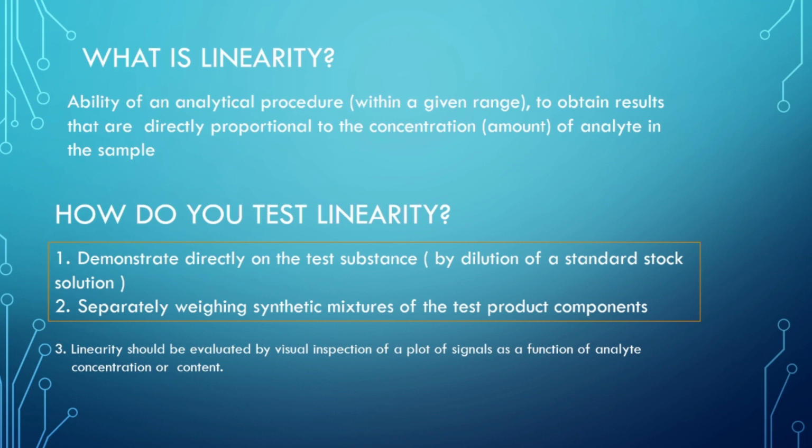First case, you keep the concentration of your test matrix constant but spike with the standard to get a linear solution. Second, you just change the concentration of the test solution so that in the end you get a linearity of concentrations. Both ways we can do the linearity.